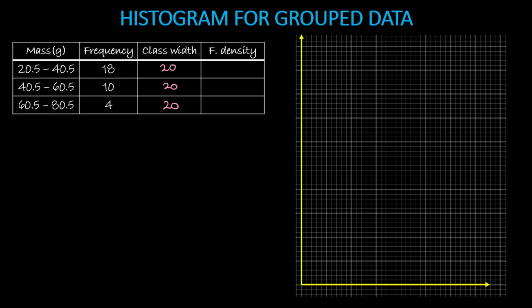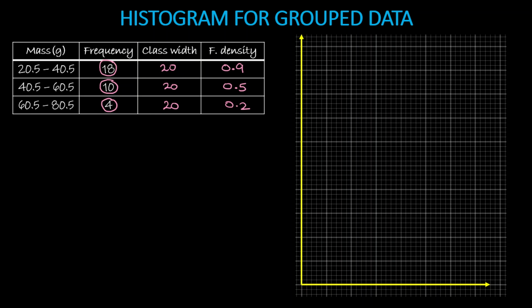So here we have a situation of equal class width, right? And the frequency density, we obtain it by taking frequency divided by class width. 18 over 20 gives 0.9. The second one, 10 over 20 gives half, which is 0.5. And the last one, 4 over 20 gives 0.2.